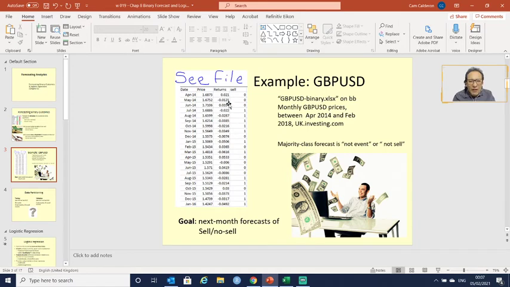So instead of having the returns here, I changed these returns to zeros and ones. One when I believe that there are good opportunities to sell, so when the threshold is higher than minus 1%, right? That is something, that 1%, that I want to catch with my trading. So I will put 1 when that happens, and 0 when the threshold is not met.